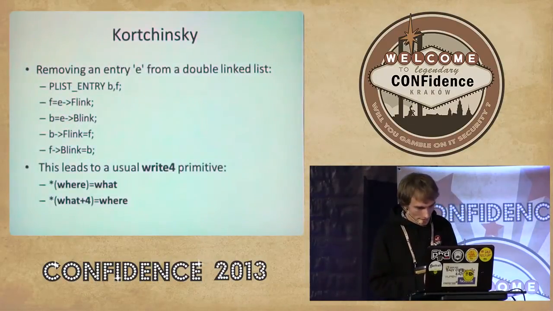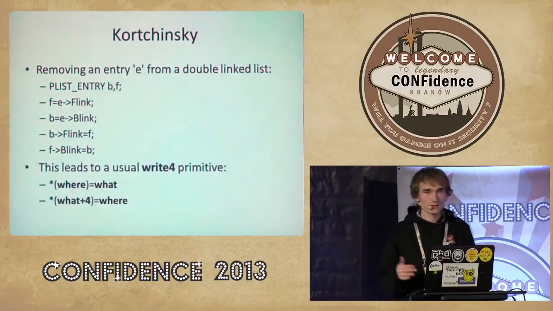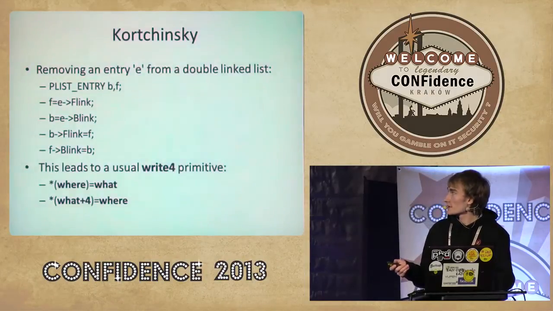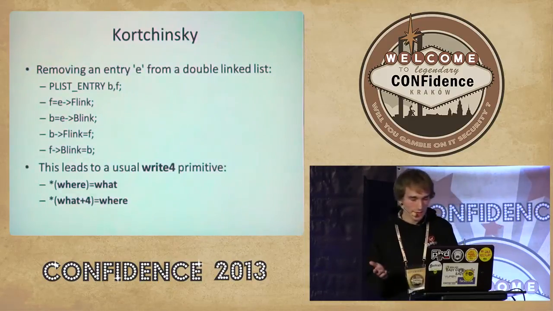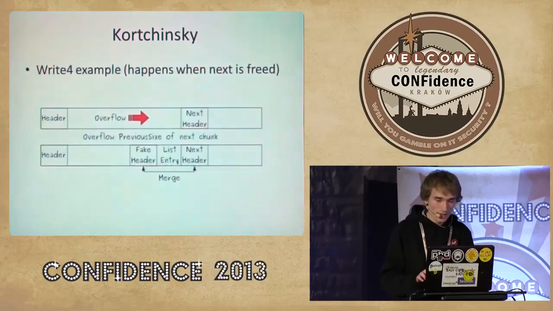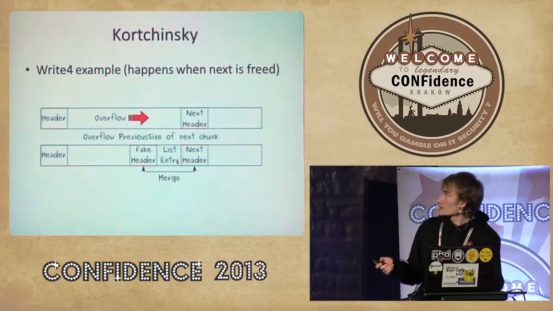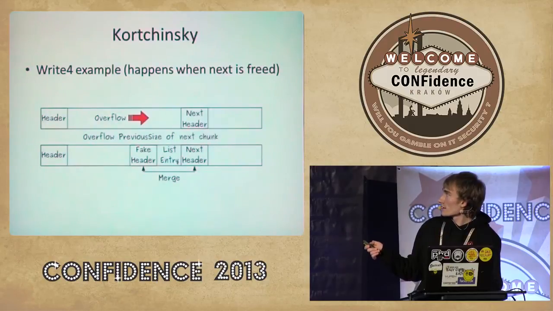For example, you have such a situation. There is a doubly linked list, and you have two entries, and you remove an entry, and it leads to a write4 or write8 primitive when you control address and value. So, arbitrary memory overwrite. And one of the techniques is, for example, there is a header, you allocate memory, there is an overflow, and you overflow the header of the next chunk.